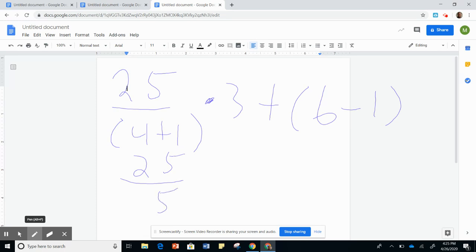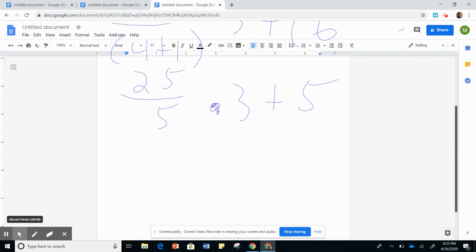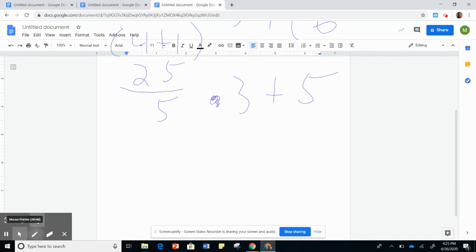And then we're going to do times, and then we're going to put the 3 here. And then let's do the parentheses. 6 minus 1, which is 5. So that's 3 plus 5. Now, if we solve our problem, and I'm going to slide the screen down. Perfect. 25 divided by 5 gives us 5.